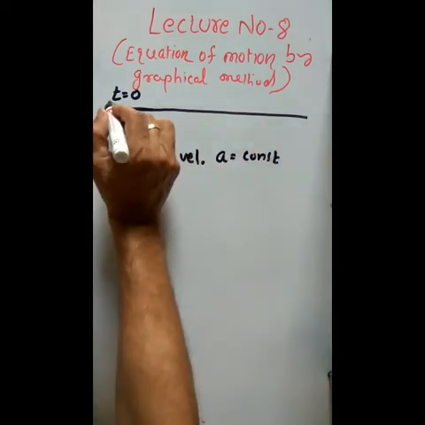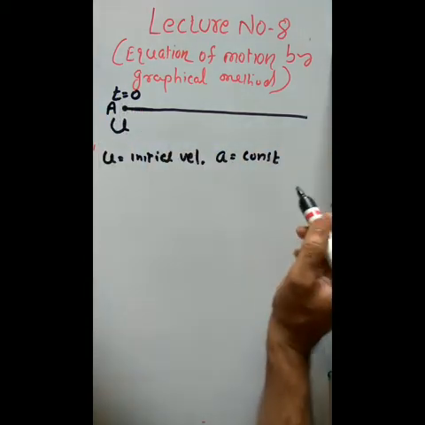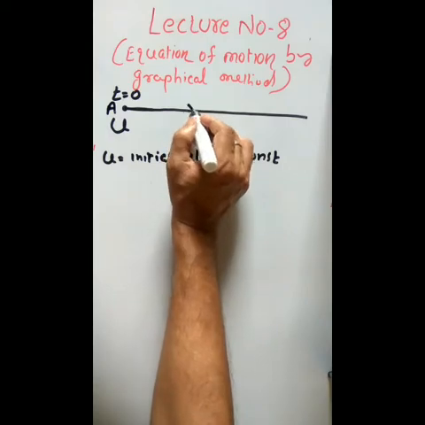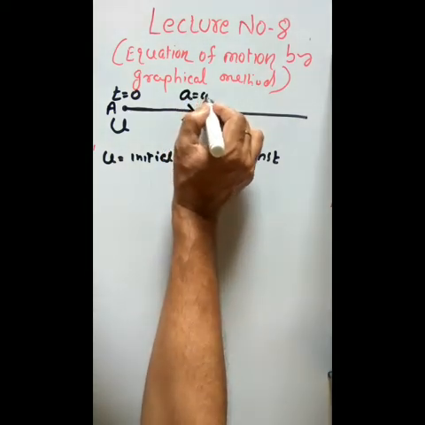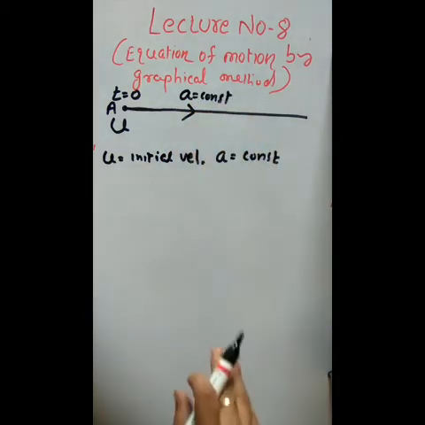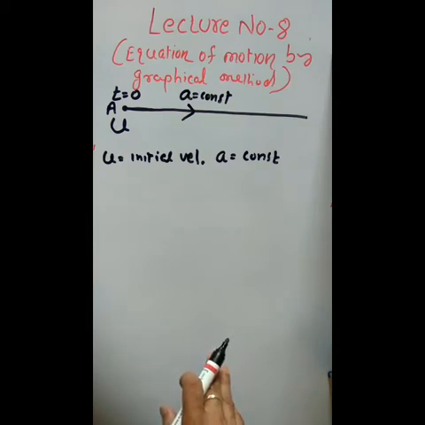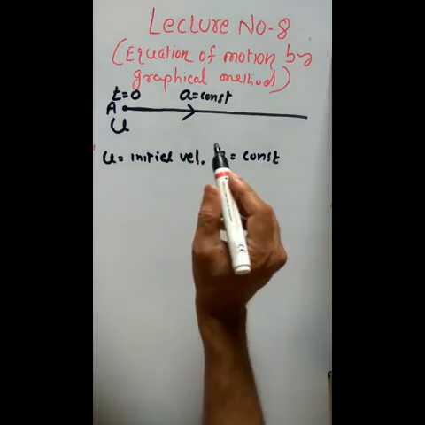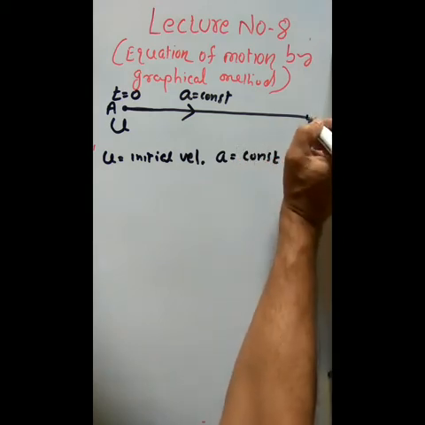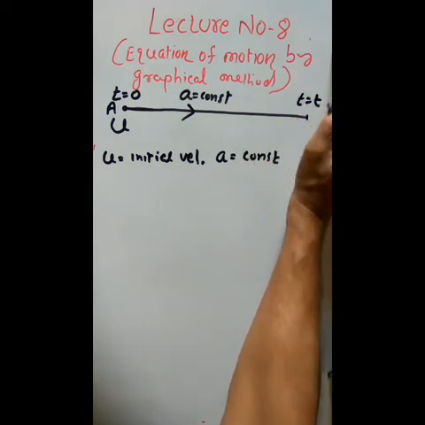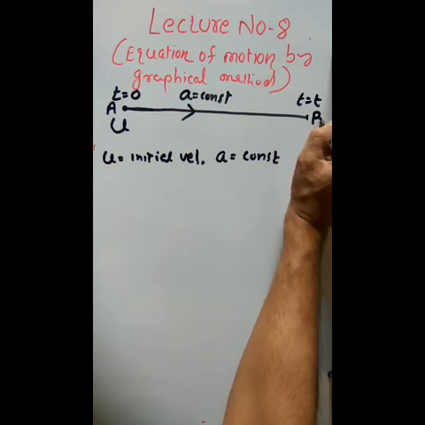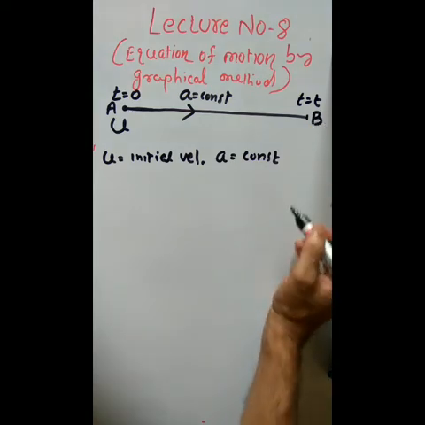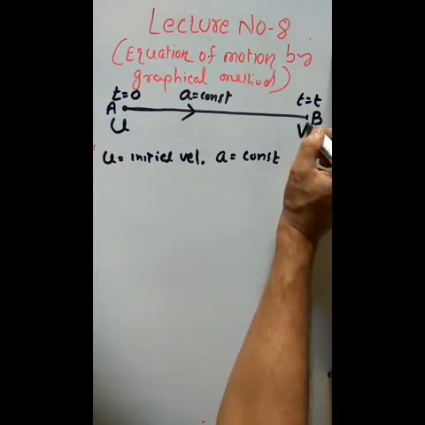Let it start from point A, moving with constant acceleration, that is, uniform acceleration. That means in equal intervals of time, the velocity increases by an equal amount. That is called constant acceleration. Let after time t, the body reach the final position, where the final velocity is v.